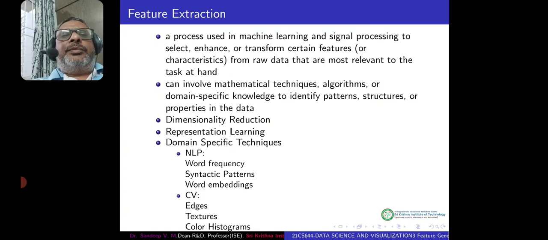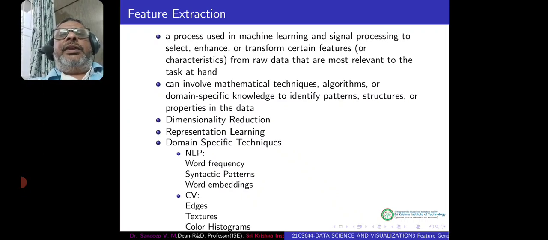If it is a computer vision problem, then what we have is the data about every pixel, the red, blue, green values, RGB values of each pixel, but it doesn't have any other information.